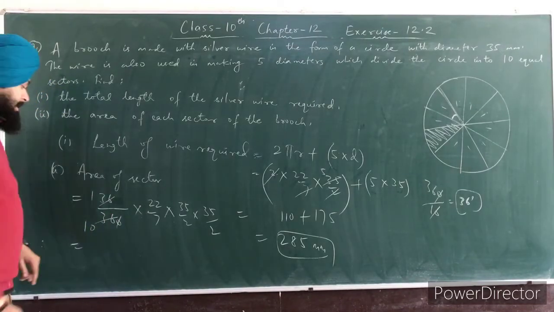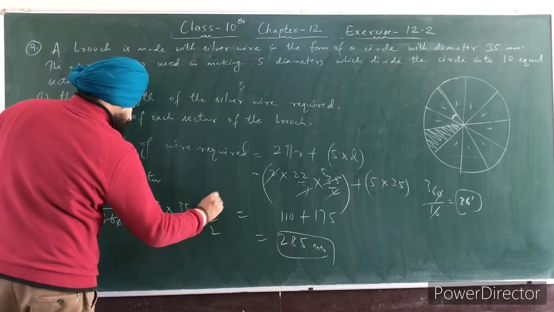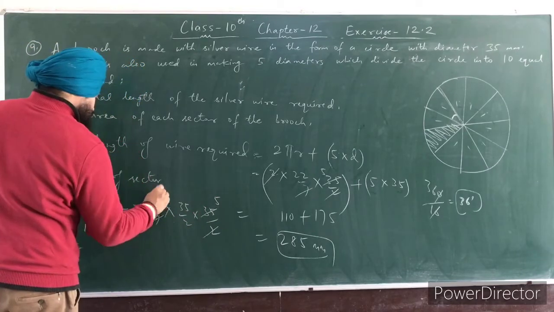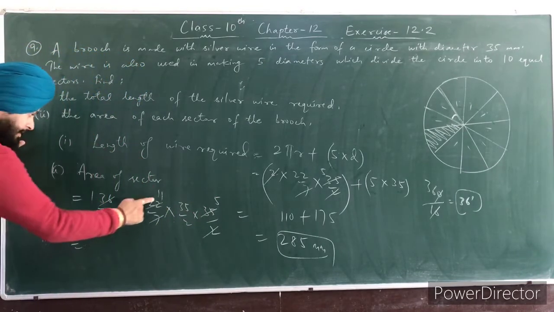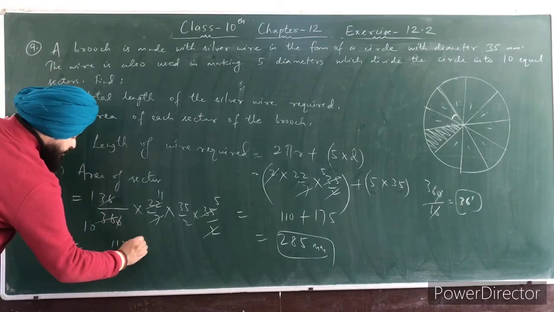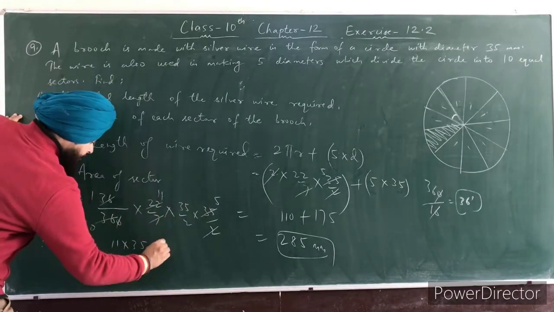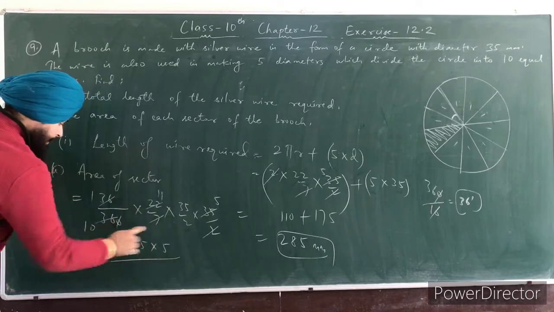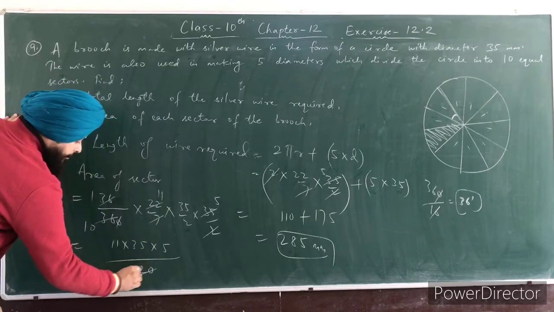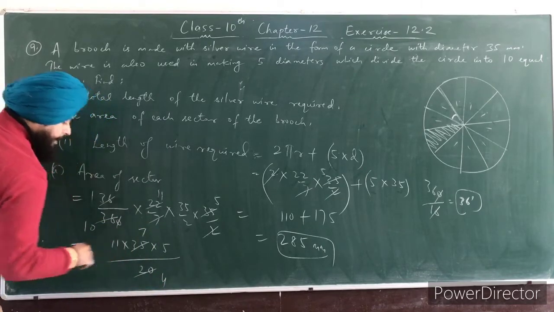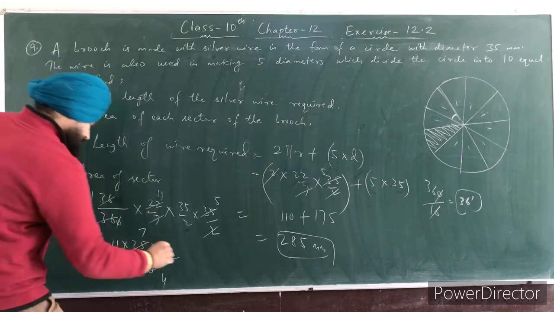36 10s are 360. Now 7 5s are 35, 2 11s are 22. So what is left? 11 into 35 into 5 divided by 2 tens are 20. Now 5 4s are 20 and 5 7s are 35.